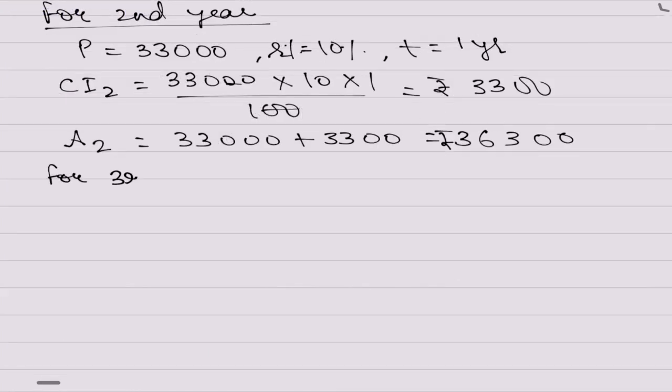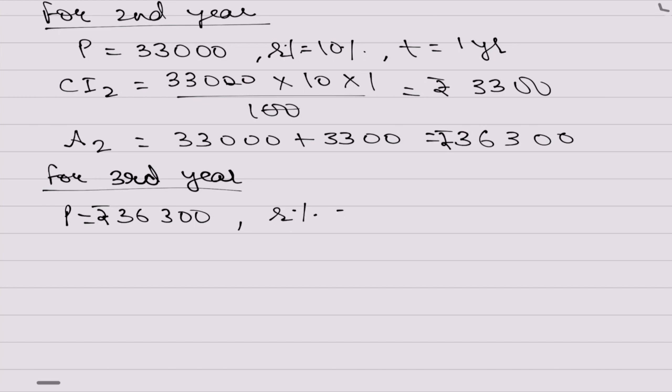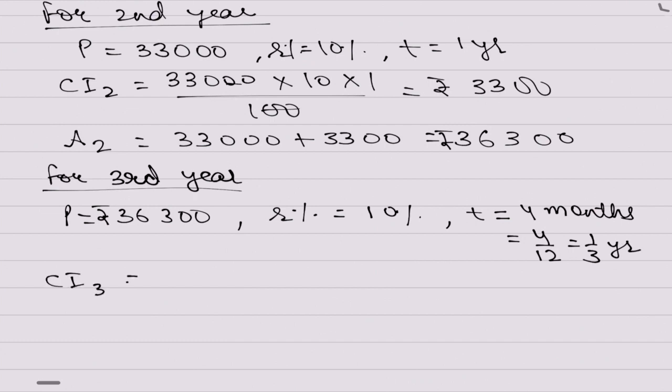So for the third year, principal is 36,300 rupees. Rate is same, that is 10%, and time period is 4 months, since 2 years we have already calculated. So we'll convert months into year by 4 upon 12, that is 1 by 3 year. Okay, put it in the compound interest formula for the third year, that is again P into R into T, where T is 1 upon 3, upon 100.